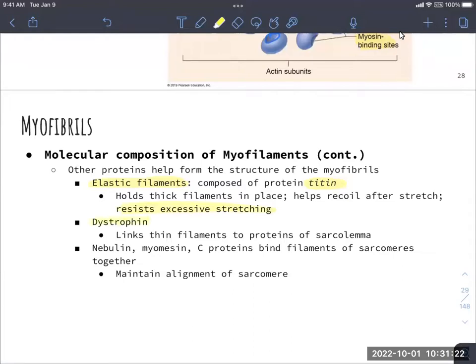We have dystrophin, and that is what links thin filaments to the proteins of the sarcolemma. We also have nebulin and myosin-binding C proteins that help bind the filaments of the sarcomeres together as well.